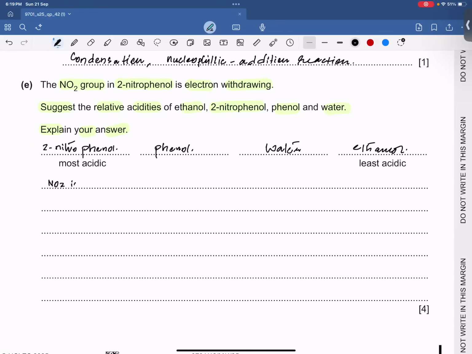NO2 withdraws the electrons from the benzene ring. All right.